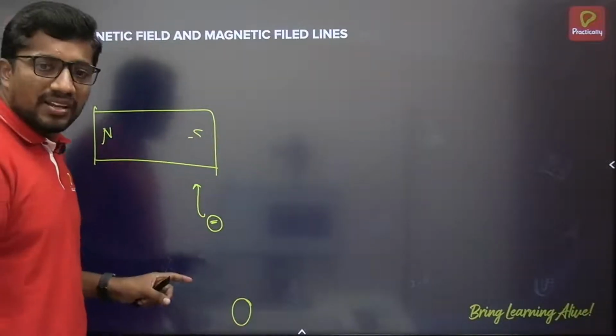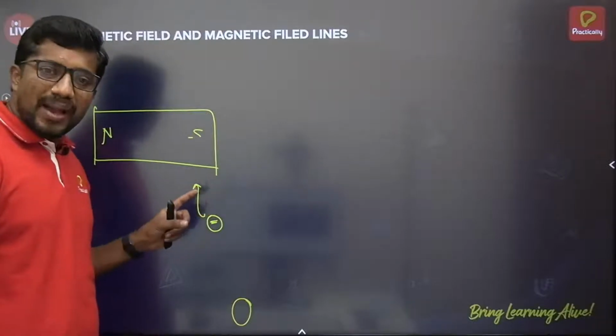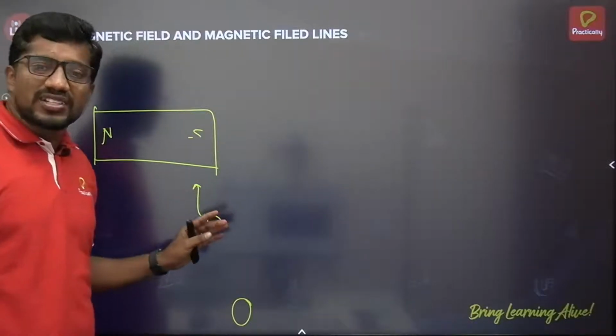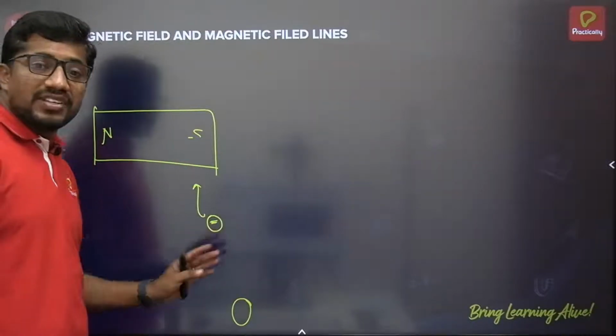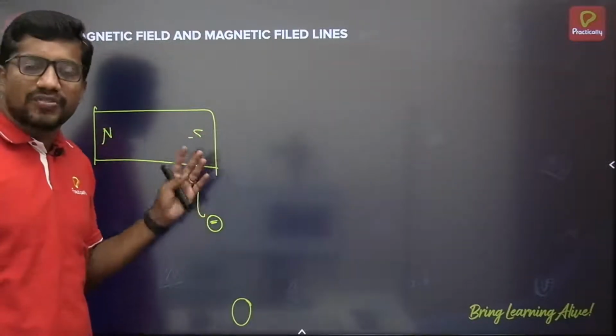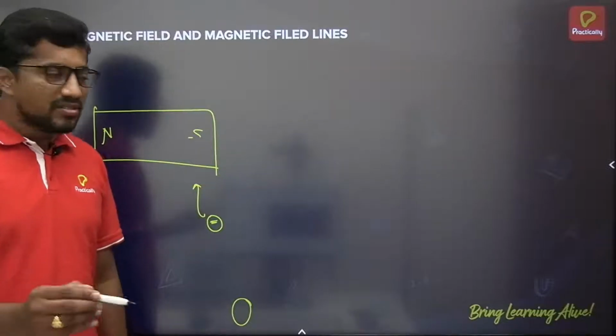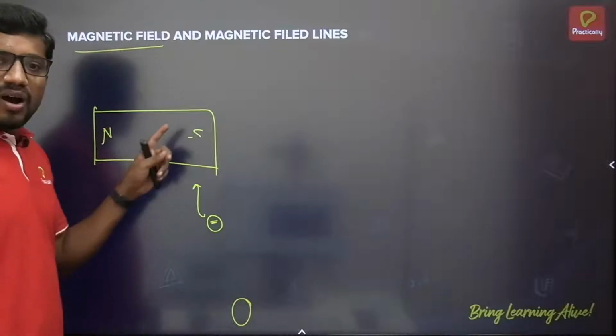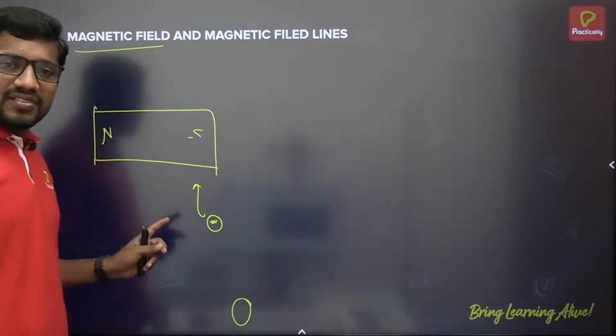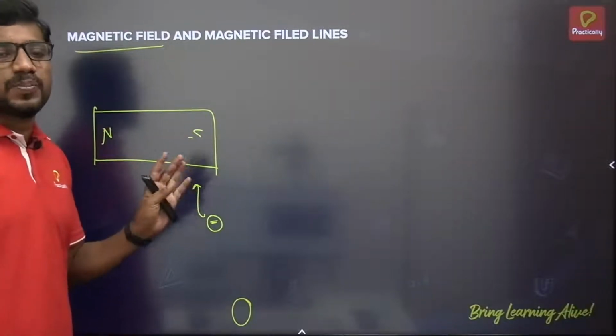So what does it mean? This magnet can experience the magnetic force only up to a certain extent. That certain extent within which it can experience the magnetic force, we call magnetic field. So simply I can say magnetic field is the region or the vicinity within which magnetic force is experienced.